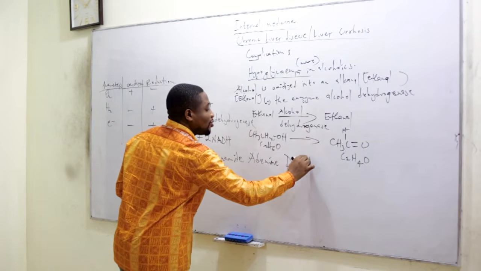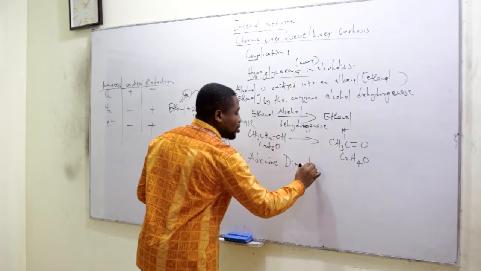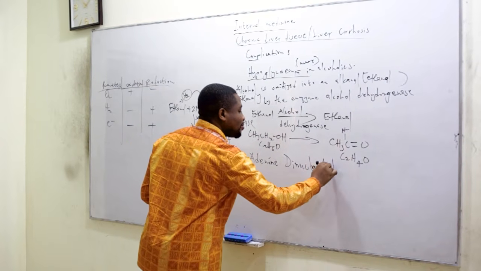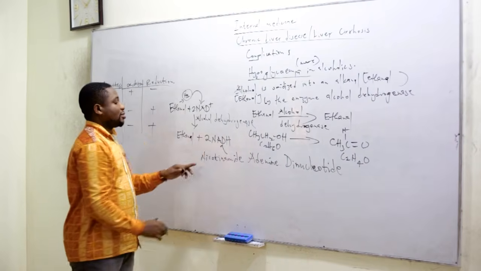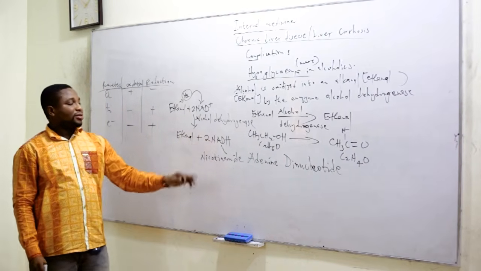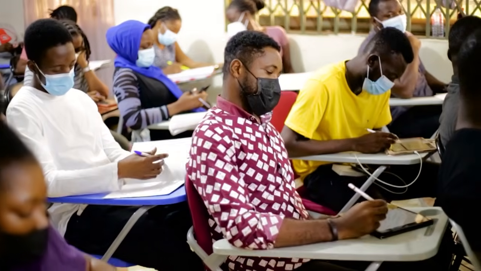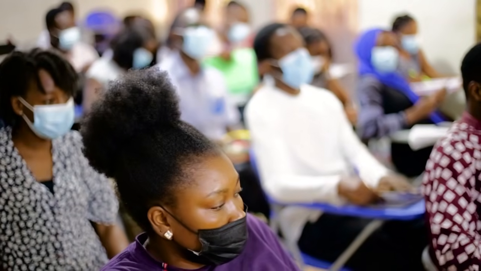NAD is nicotinamide adenine dinucleotide, but if you add H to it, it becomes reduced nicotinamide adenine dinucleotide. Is that clear? Yes. This reaction results in the production of excess NADH, which stands for reduced nicotinamide adenine dinucleotide. Is that clear?